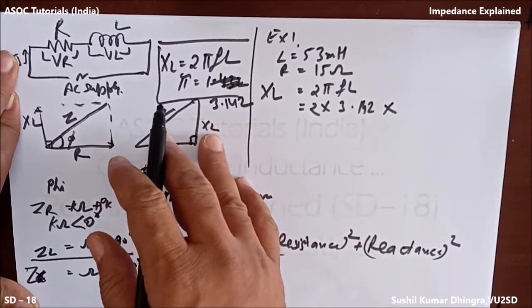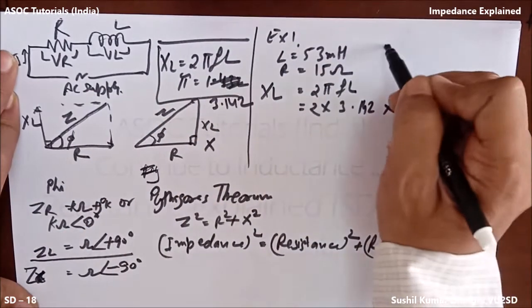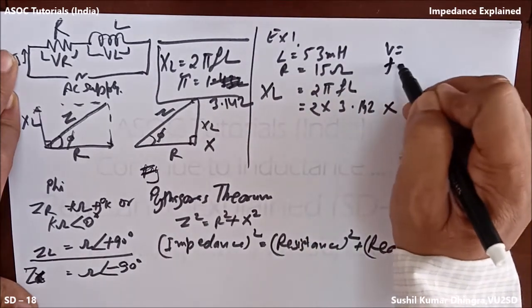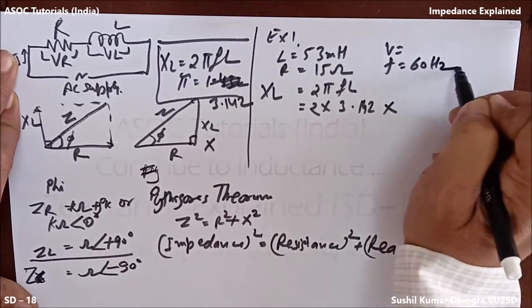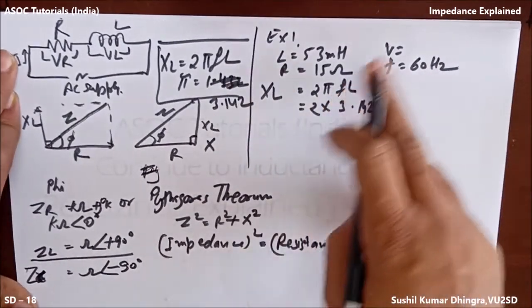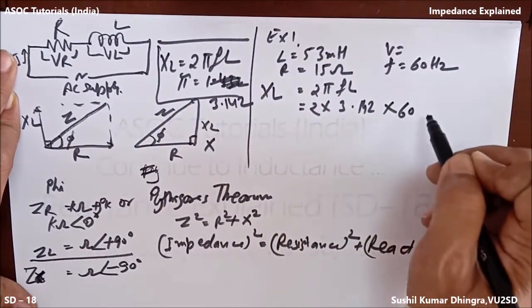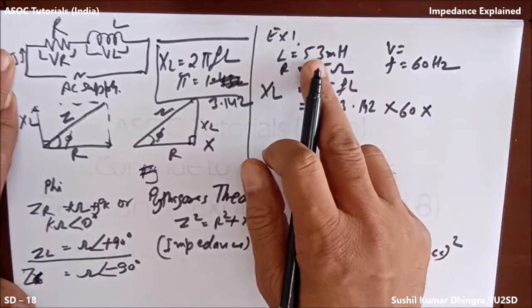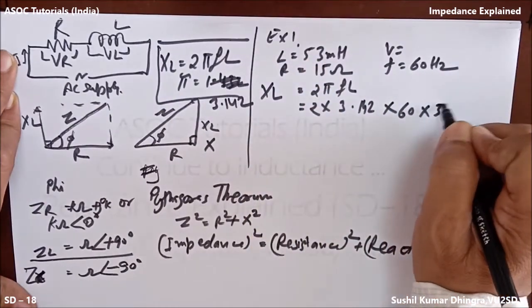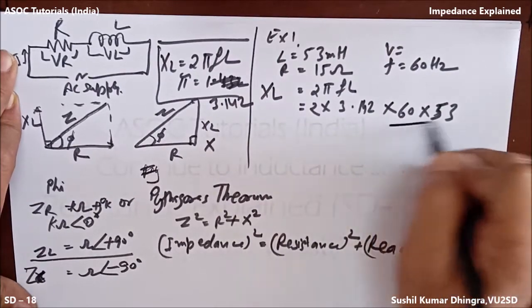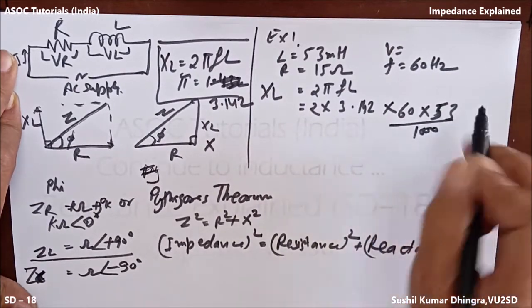I had not told you the voltage; take the frequency as 60 Hertz, because first I need the frequency, not the voltage. So this frequency is 60 cycles per second, into L, 53 millihenry, so multiply by 10 to the power minus 3.